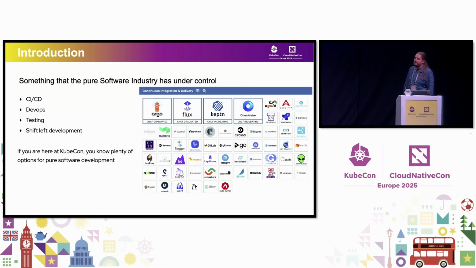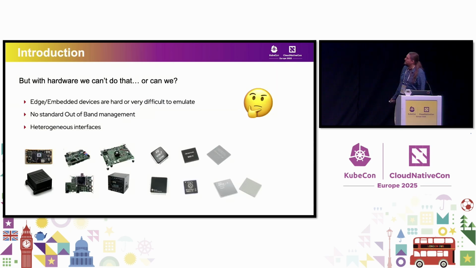So in the software industry, we have this very well figured out. We have a good landscape of options that we can use to make sure that everything is under control at every point of the development process. But what happens with hardware?